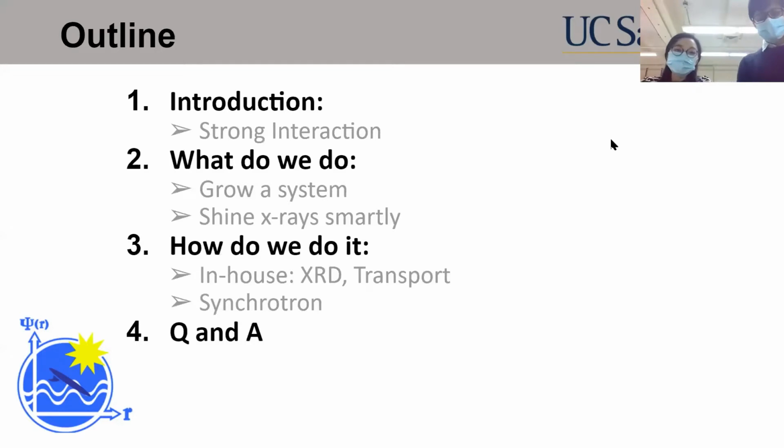So the way we are going to do this is we will have an introduction of what strong interaction is. The strong interaction physics is what we do. What we exactly do is the details in the second part. How we do it is the third part, and the fourth part is the Q&A.